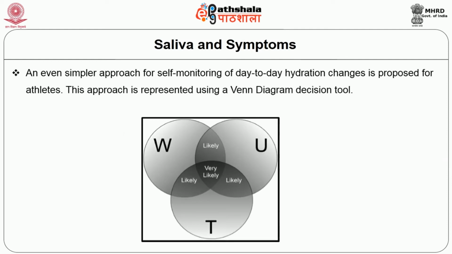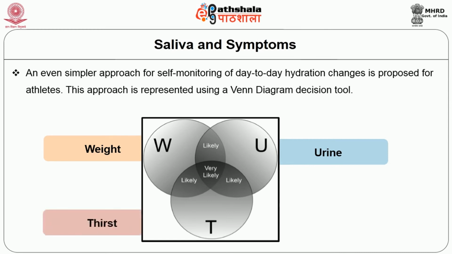An even simpler approach for self-monitoring of day-to-day hydration changes is proposed for athletes. This approach is represented using a Venn diagram decision tool which is given here. It combines three of the simplest markers of hydration, including weight, urine and thirst.